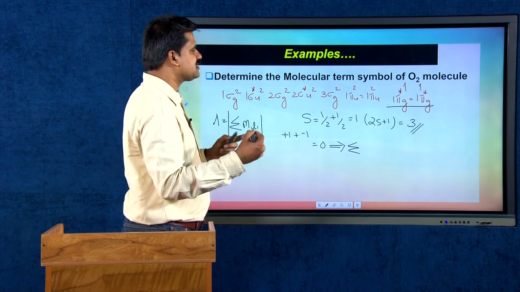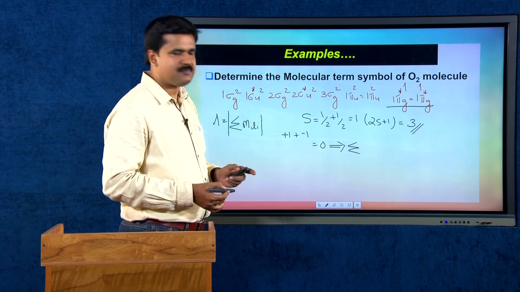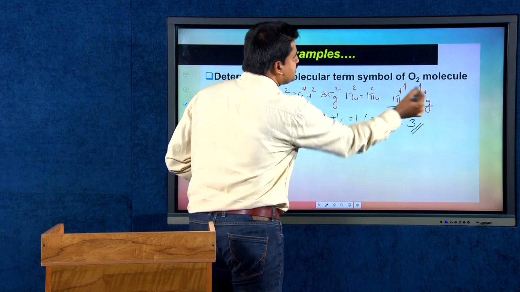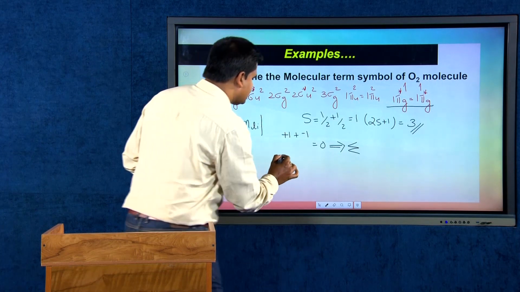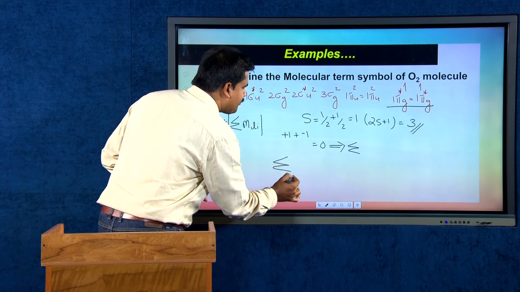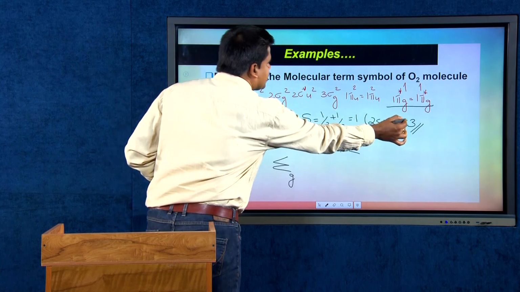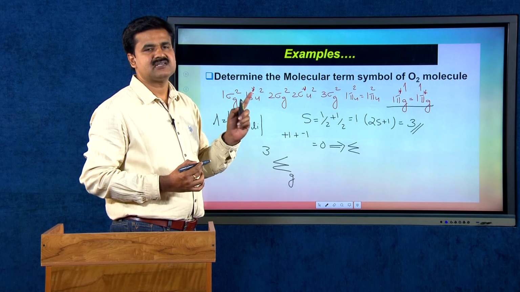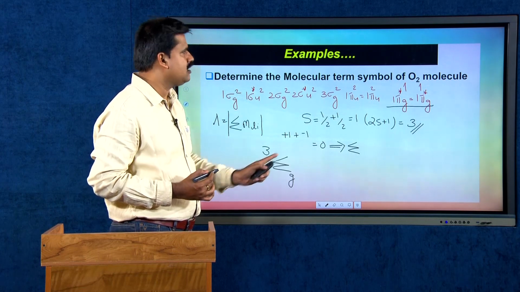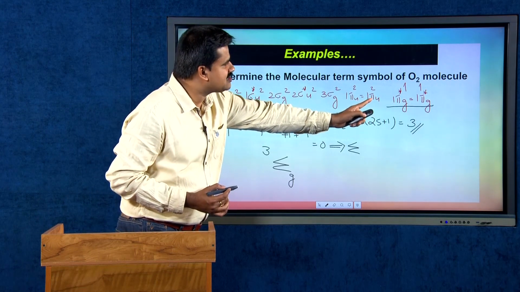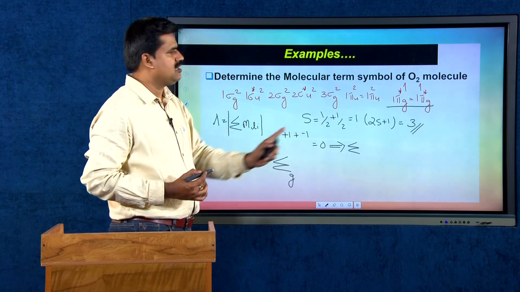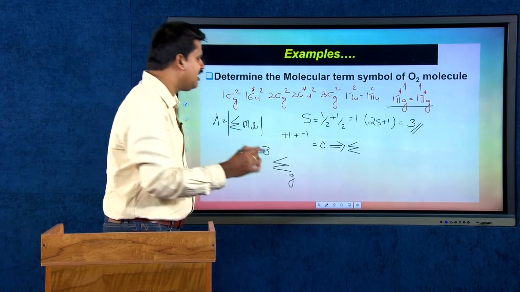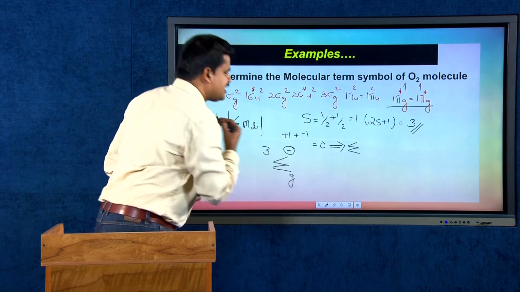Now, we have to assign the other parameters, the sign as well as the parity. It should be noted that this is g into g, and g into g is also g. Therefore, the term symbol has a parity g, and multiplicity is equal to 3. And finally, we have to assign the sign. In assigning the sign, for half-filled pi orbitals in triplet state, we have to give a negative sign.